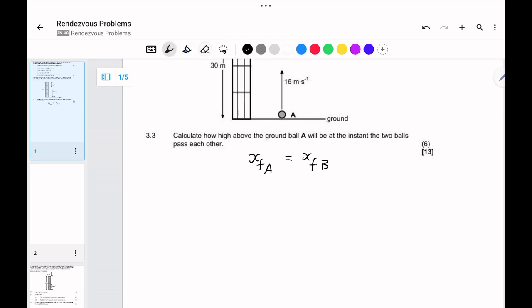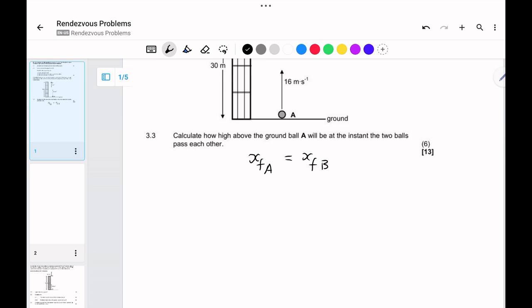Now, here's the thing: we don't have equations explicitly for final position. We have a number of equations. In fact, all of our equations involve a delta x, a displacement, which is a change in position.